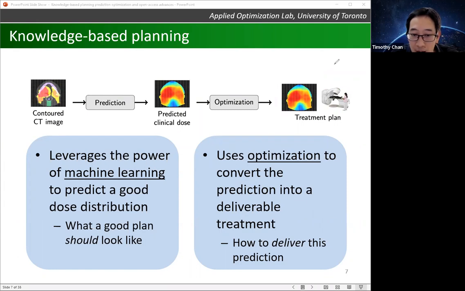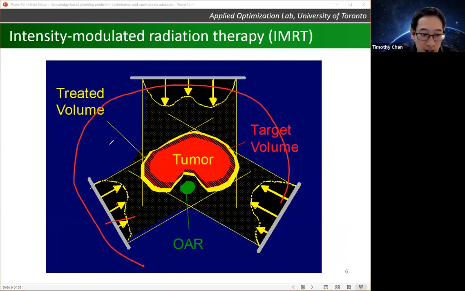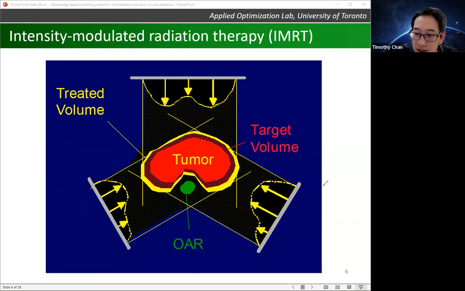I've only talked about one treatment modality here, which is intensity modulated radiation therapy, so delivering static beams, right? There's a version of this where we're delivering radiation 360 degrees, as this thing is rotating. So that requires different models. We could extend it to different cancer sites. I think there's a lot in that direction that can still be done.